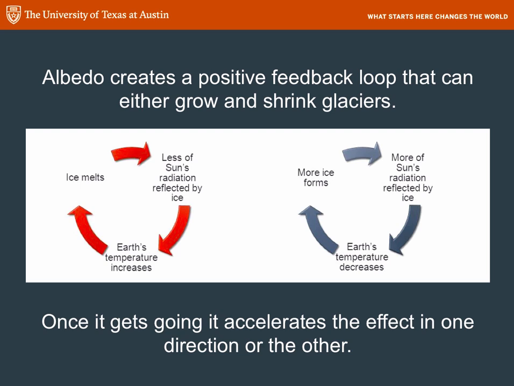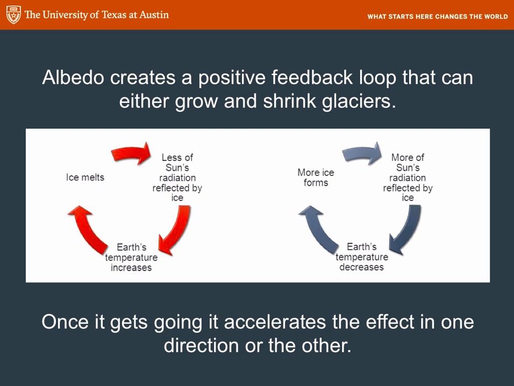Moving into a cooler Earth situation, temperature decreases, ice forms. That ice reflects solar radiation, making the temperature even cooler, making a more compatible situation for more ice to form, which causes more reflection, which cools things off, which causes more ice. A positive feedback loop leading to bigger glaciers.